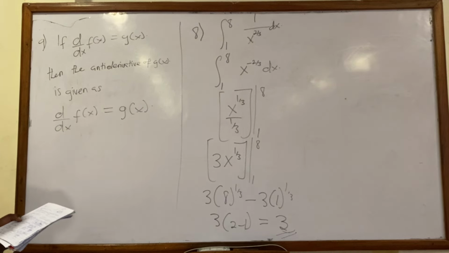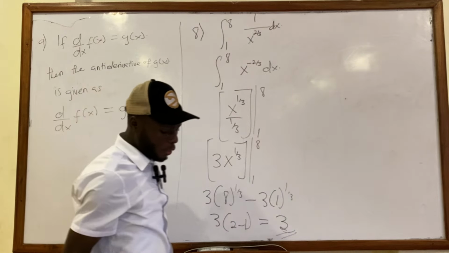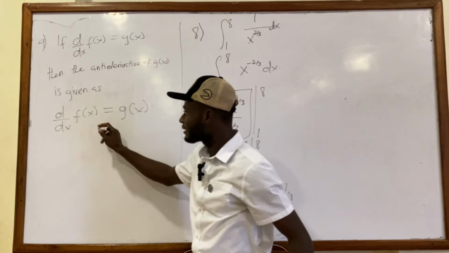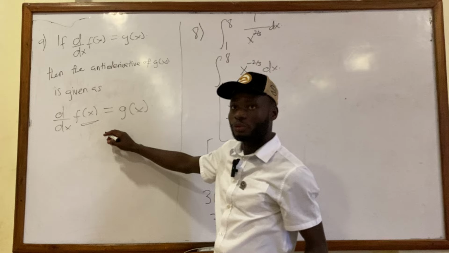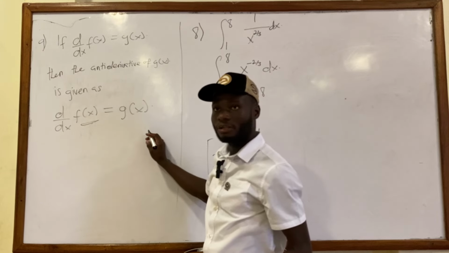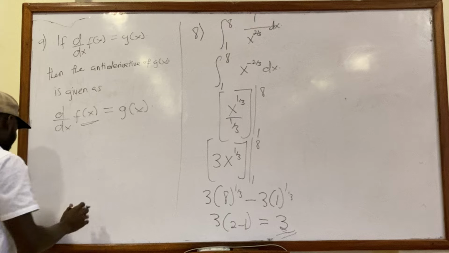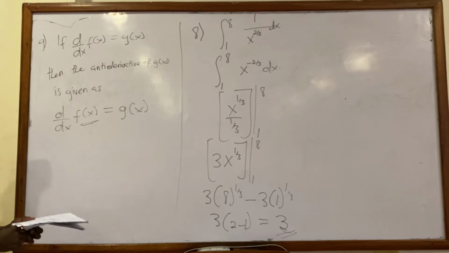So it means that f of x is the function whose derivative is g of x. Therefore, the antiderivative of g of x is f of x.